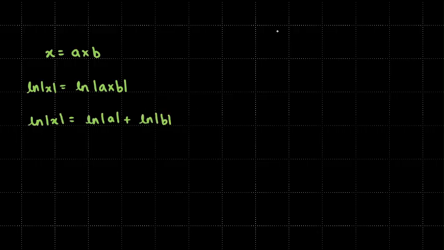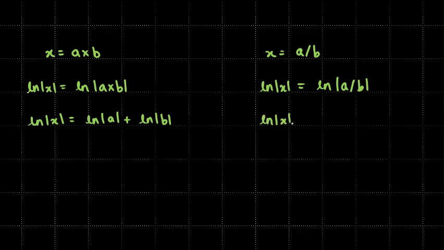Now we are at this point. Now let's go back to division. If you use ln or natural logarithm, you will actually get this, and division is basically like subtraction. So you will get ln a minus ln b.